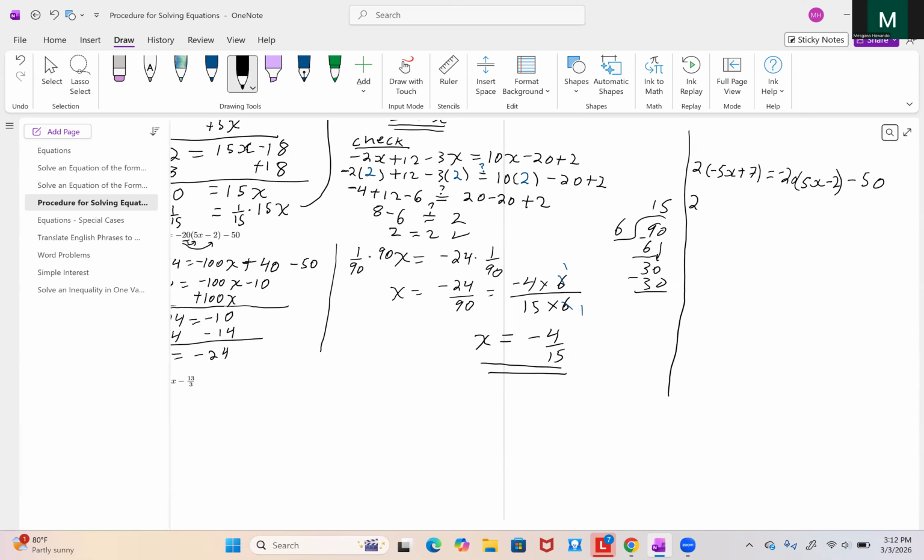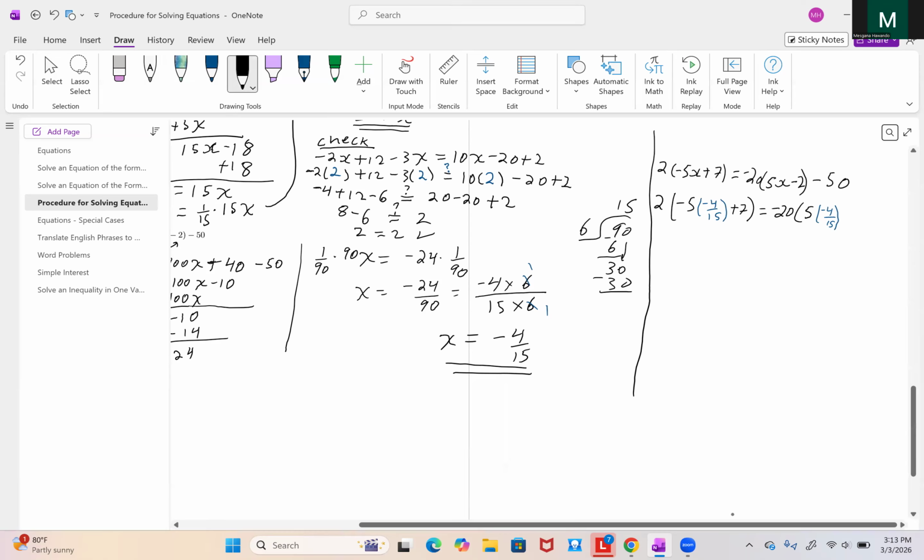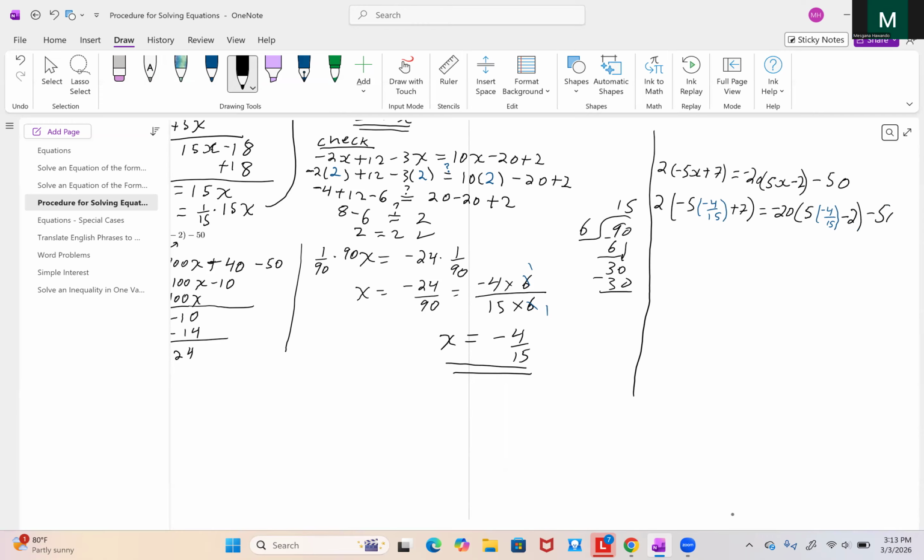So replace x by negative 4 over 15: 2 times minus 5 times negative 4 over 15 plus 7 is equal to negative 20 times 5 times negative 4 over 15 minus 2, minus 50, question mark.